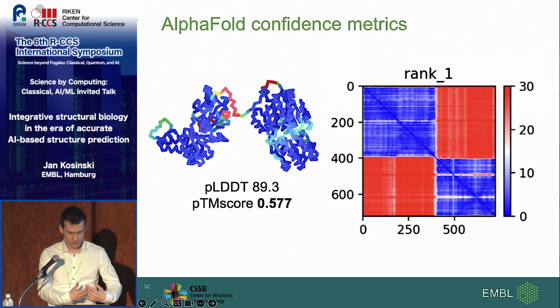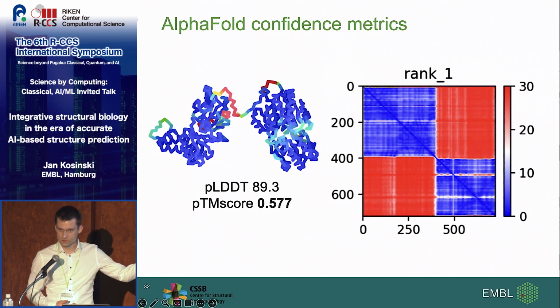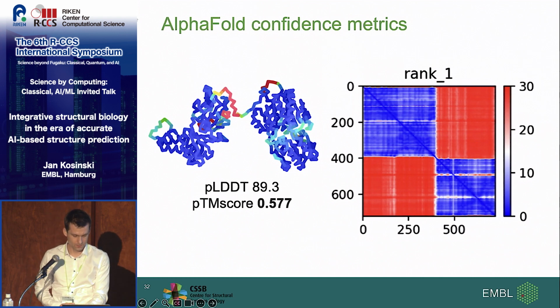Coming from the same network architecture, you can get global scores like pLDDT or pTM score, also local scores per residue mapped as a gradient on the structure, and this matrix depicts the relative confidence in orientation of different subdomains of the same protein.